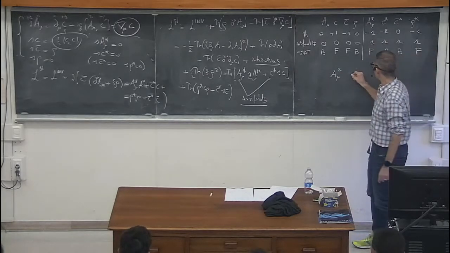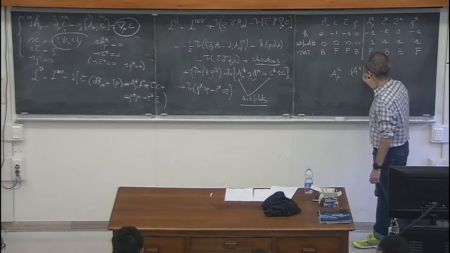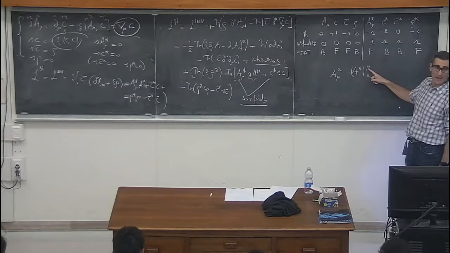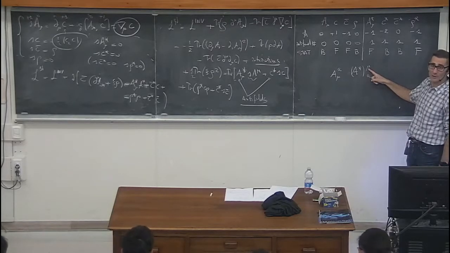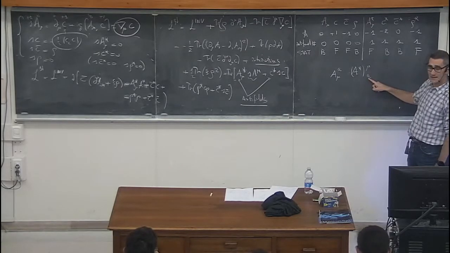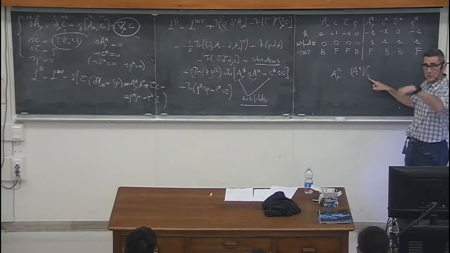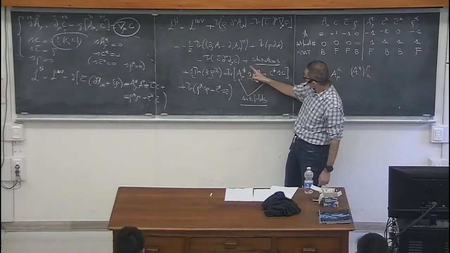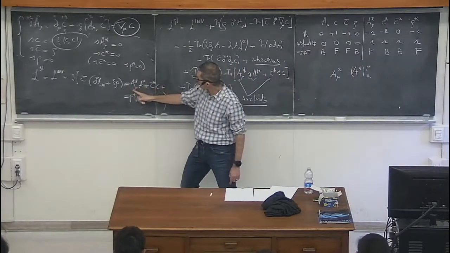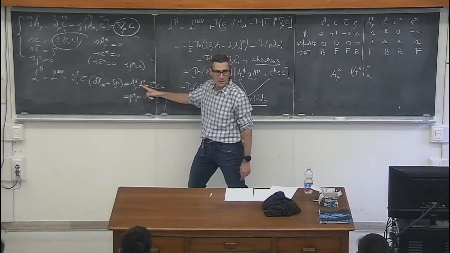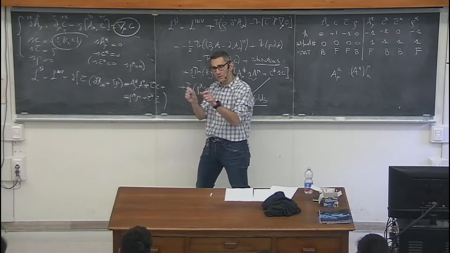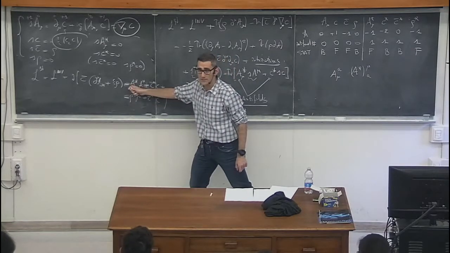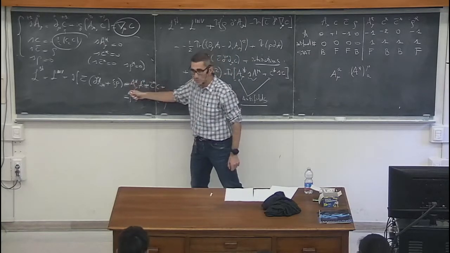The antifield A star actually has exactly the opposite quantum numbers, namely this guy is part of a vector, not of the one form, and the index A is down, which means it is in the dual of the Lie algebra. The contraction in this expression is not made with a scalar product, but is really between the fields and its dual fields, namely these are indices and this has the dual indices.